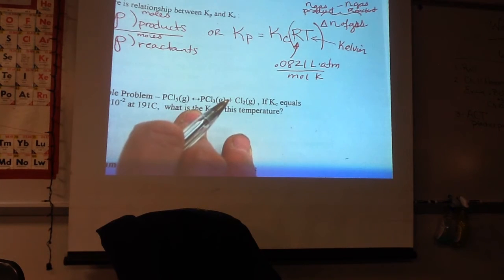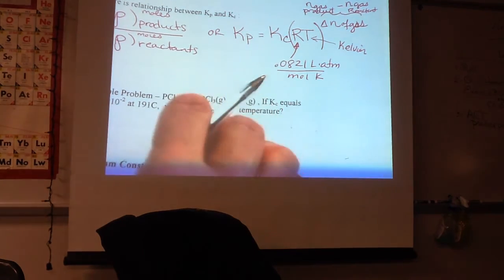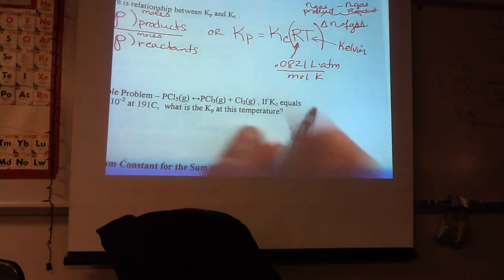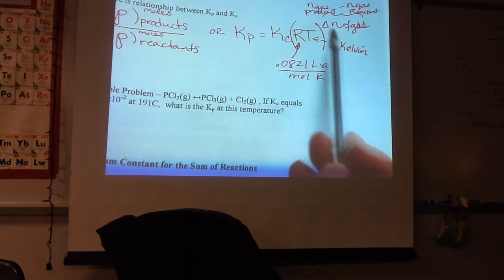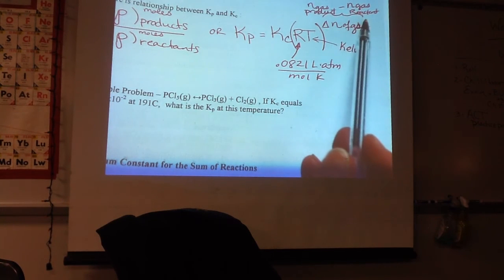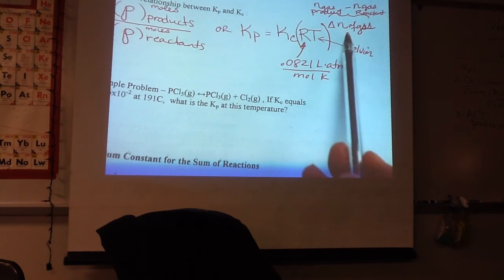If I give you a Kc and a temperature and say, what is the Kp? Then you have to resort to this equation. You take the gas constant R times T, find that product and raise it to the moles of gaseous product total minus the moles of gaseous reactant. Not liquid, not solid.